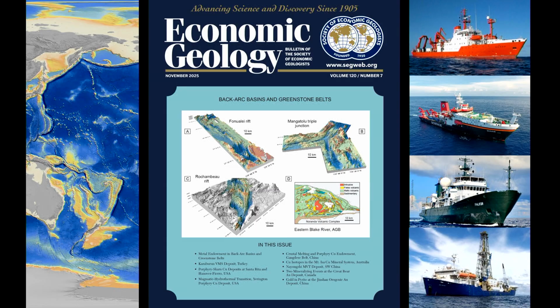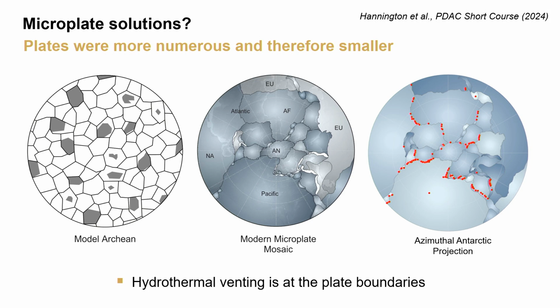So Keaton was focusing on volcanic complexes, very local, 50, 100 kilometers max. Microplates are much larger than that, but also influence a huge amount of metal endowment. The idea behind the microplate story is simple, and that is that in order to account for the heat loss in the Archean Earth, we probably had many more, much smaller plates.